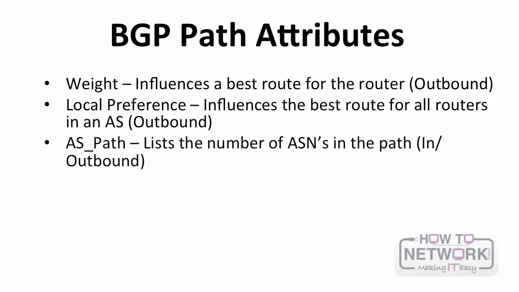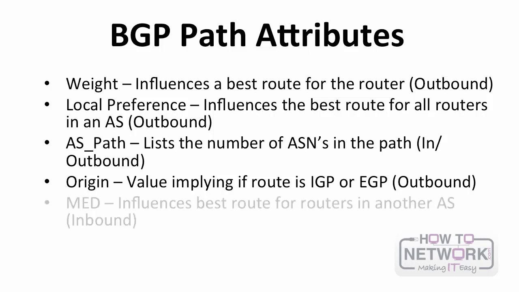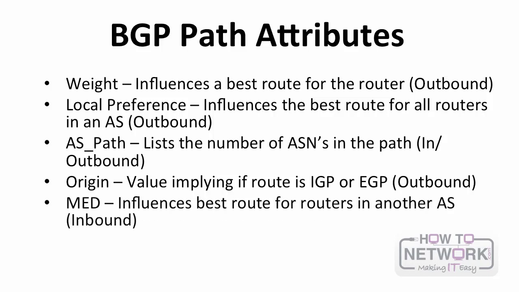AS path lists the autonomous system numbers in the path, and this can be manipulated. Origin is a value implying if the route is from an IGP or an EGP. And then finally, the MED, which can influence the best route for routers in another AS. So you can influence traffic flows into your AS by sending out the MED to other routers.